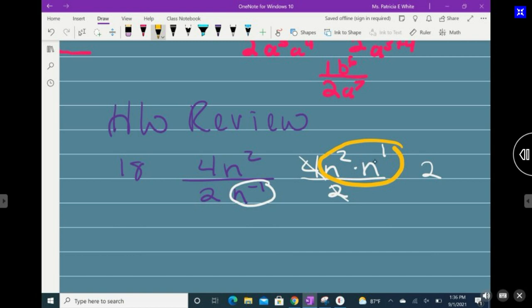Which one of those situations does it fit in? Add. So I have 2 times n to the 2 plus 1, n to the third power.